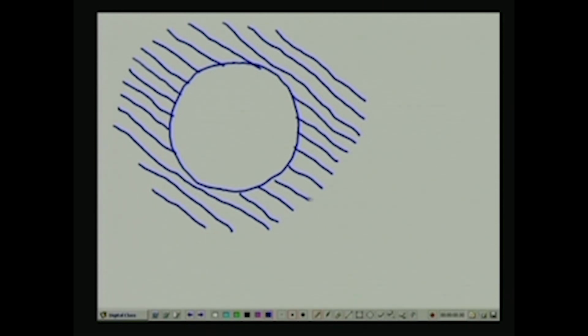Anyway, this is a rough sketch. The direction of major principal stress in this case is like this. So this is our direction of sigma 1.